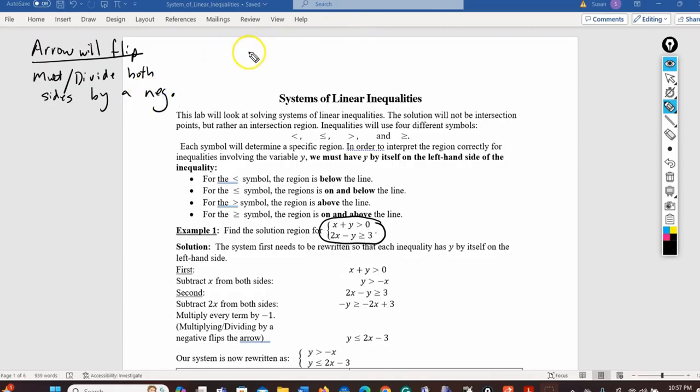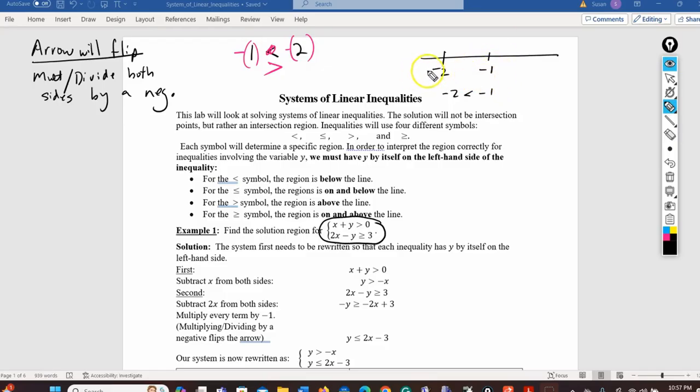So I think we can all see that that is true. Well, if I multiply both sides by -1, that arrow is going to flip, because on the number line, -2 is to the left of -1, so -2 is certainly less than -1.